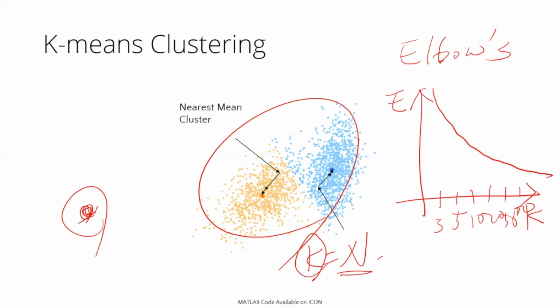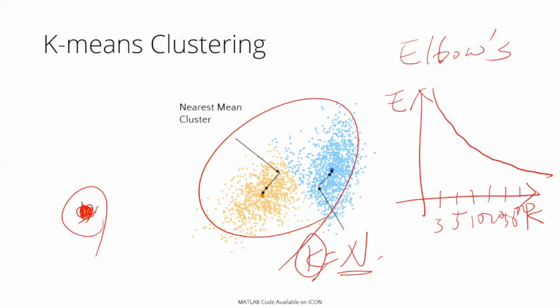It is 0, right? If one data point is one cluster, then the mean of this cluster is that point itself, and the distance from the mean to the data point is effectively 0. So when K equals N, the error in principle can converge to 0.